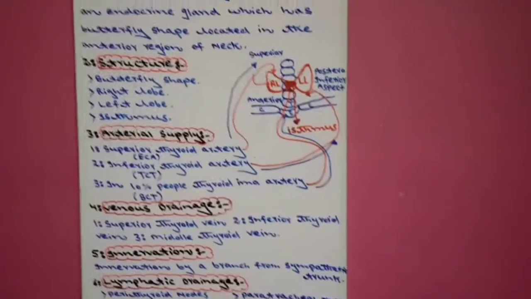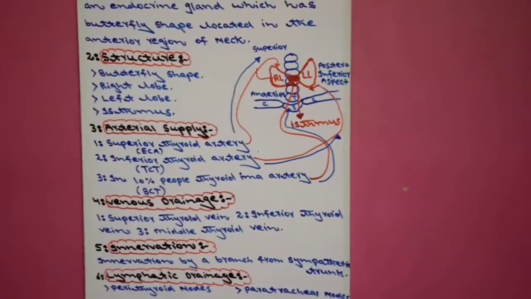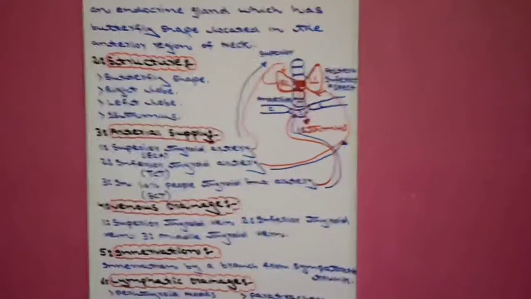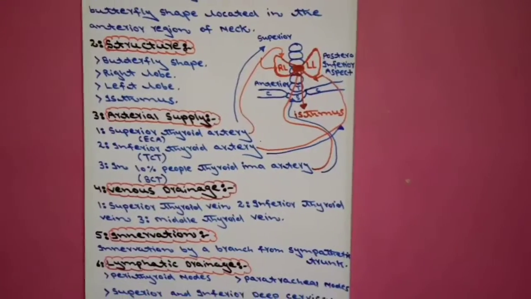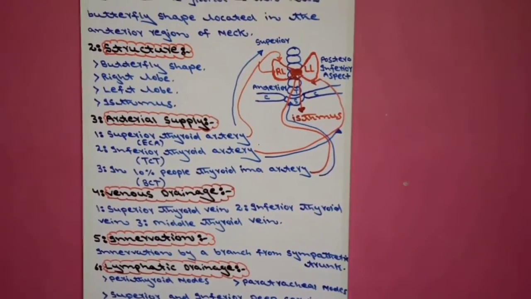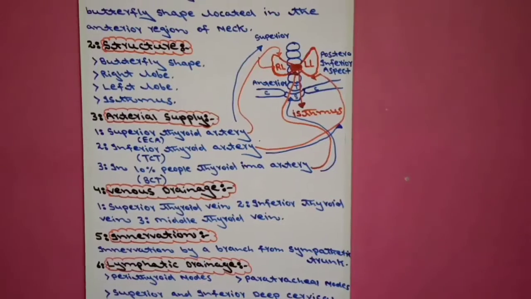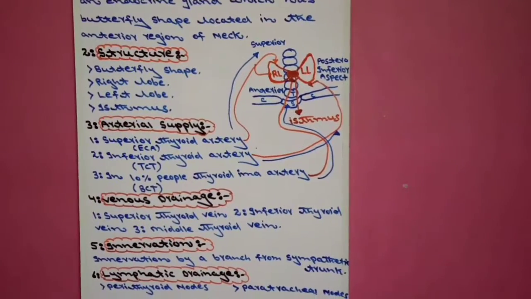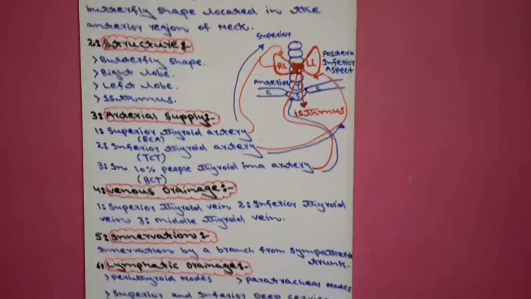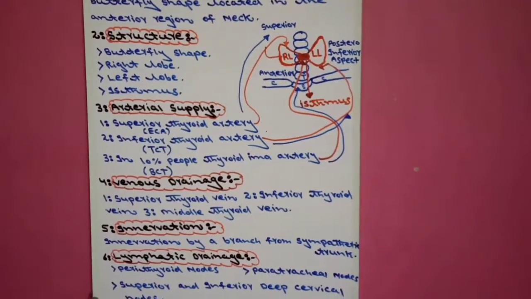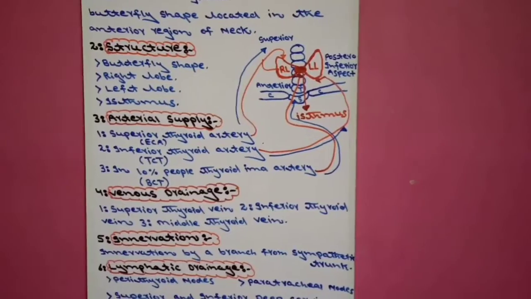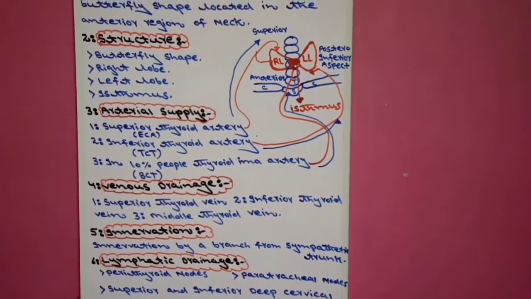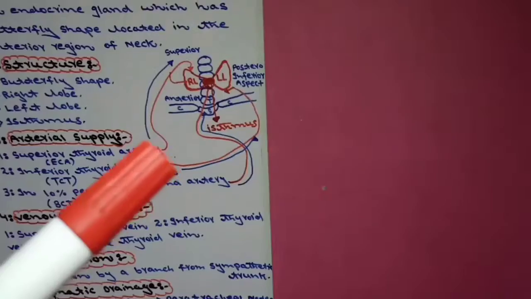But superior thyroid artery does one additional function, meaning it not only supplies the superior region of thyroid gland, but it is responsible to supply the anterior region also. Now in red I show the superior thyroid artery which supplies the superior and anterior region of thyroid gland.